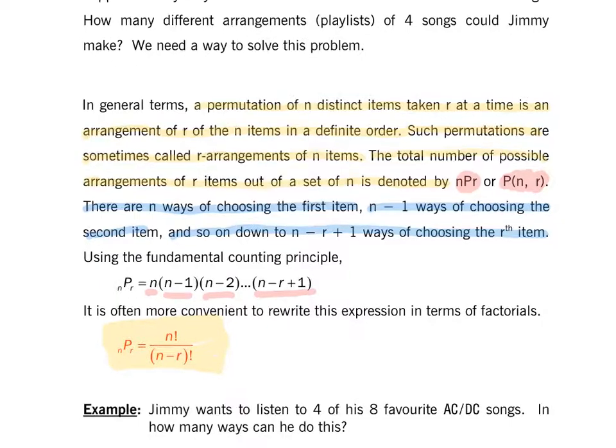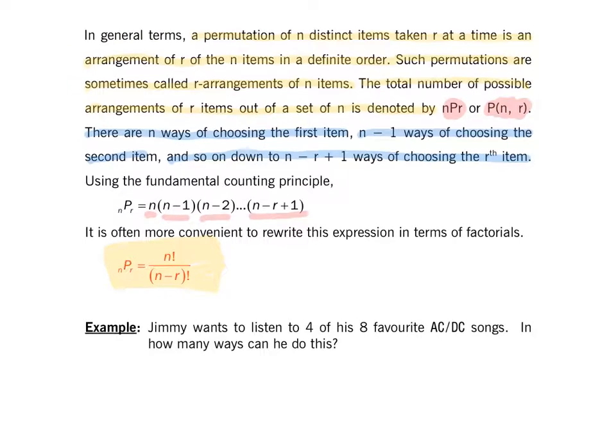So, let's go back to our question. If he only has time to listen to 4 of his favorite 8 songs, how many ways can we do that? In order to do this, we're going to figure out what 8P4 is.